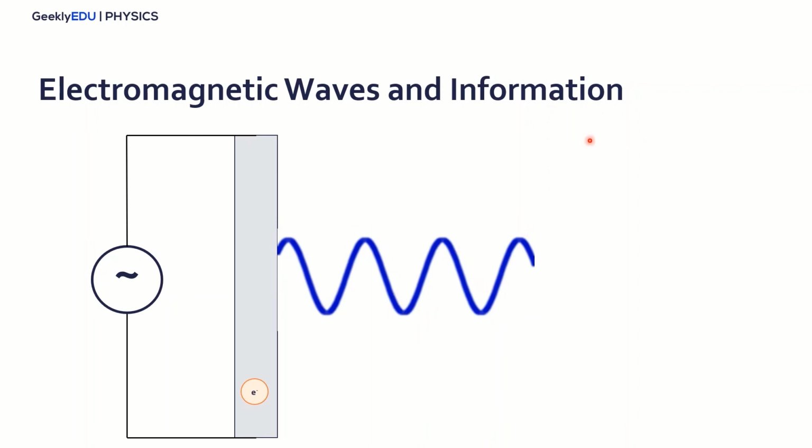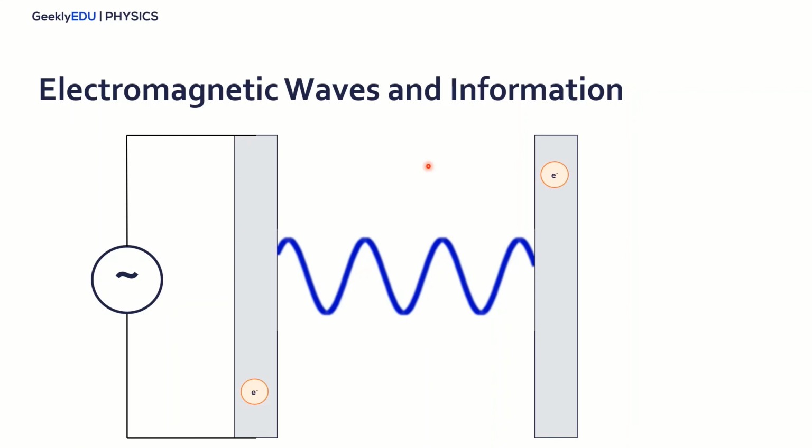If we put another metallic bar near the source, the electron in it will start to oscillate according to this electromagnetic wave, because it's being induced by the wave. So we are transmitting information from one metallic bar to the other through electromagnetic waves.